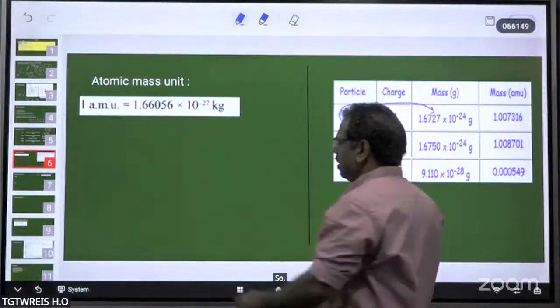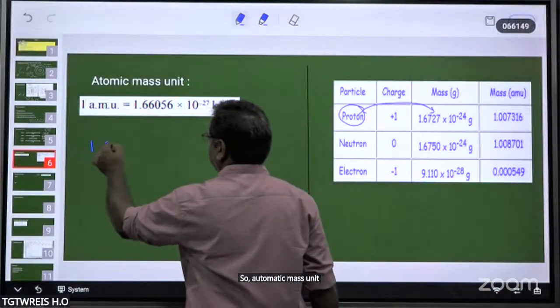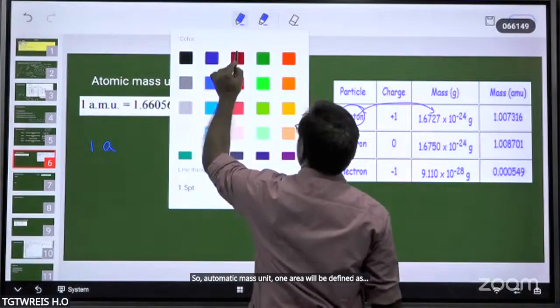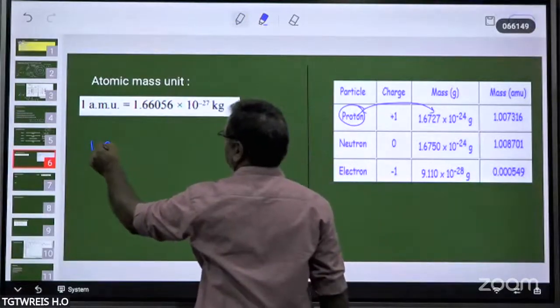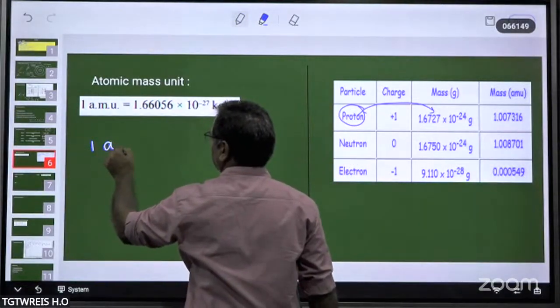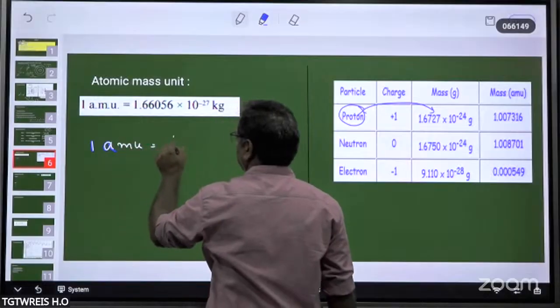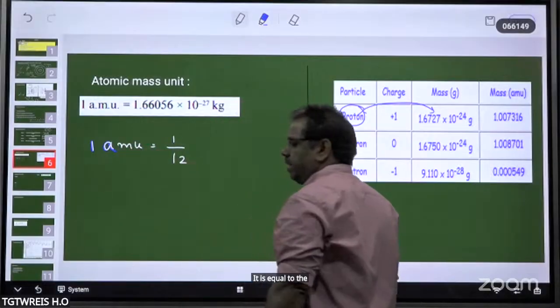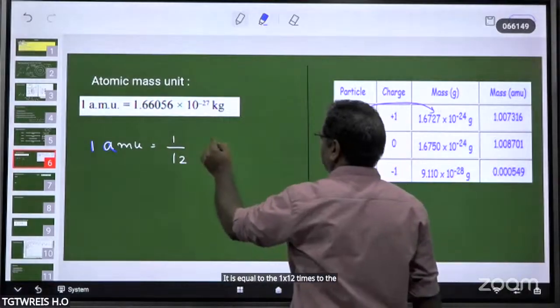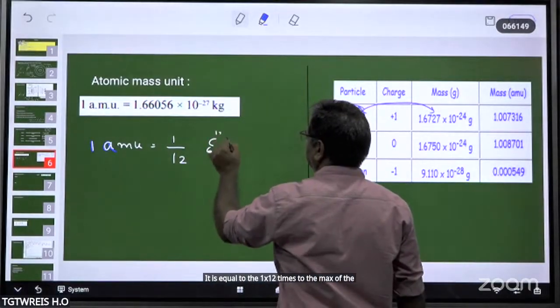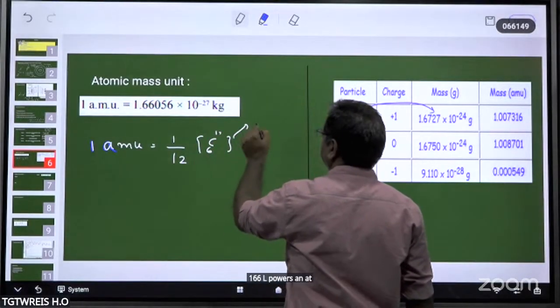So atomic mass unit, 1 AMU, will be defined as equal to 1 by 12 times the mass of one C-12 carbon atom.